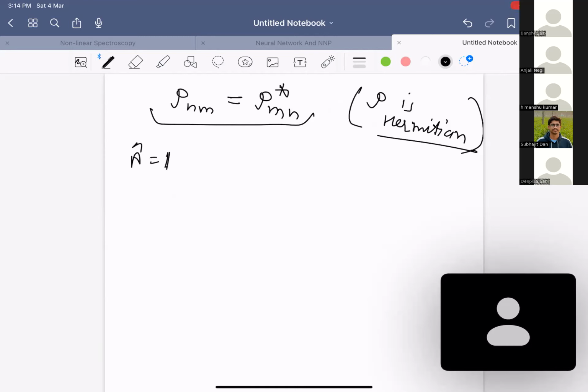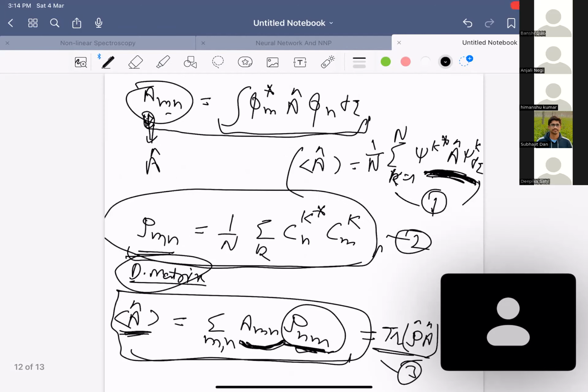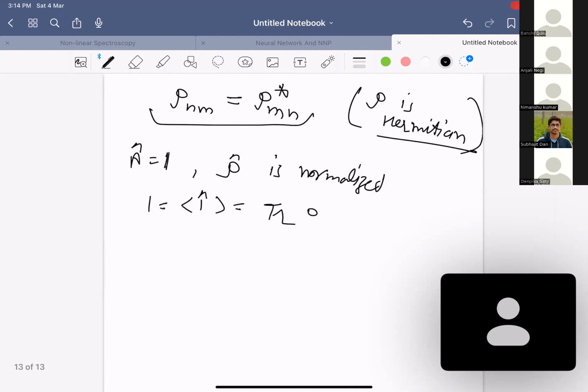Then we can find that this density matrix is normalized. How? If we put 1 in place of the operator in equation 3, it becomes the trace of rho, which is equal to 1.